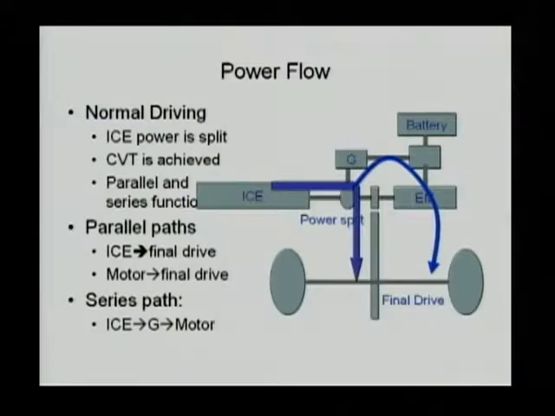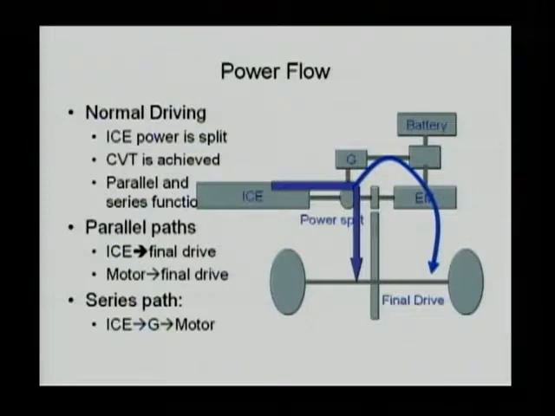A third operating mode is at normal driving, at highway driving or highway cruising, and then even at moderate speed cruising like 40, 45, 50, 55 miles cruising speed. In this case, the engine is maintained on, and the engine will produce sufficient power to drive the vehicle.